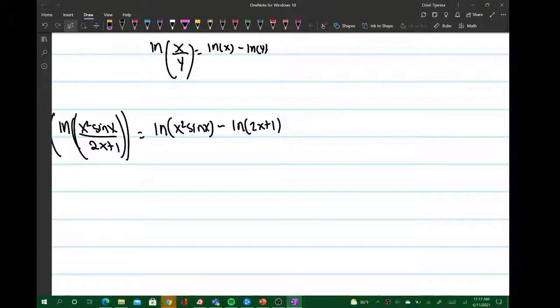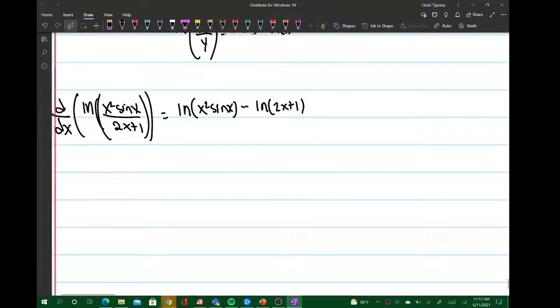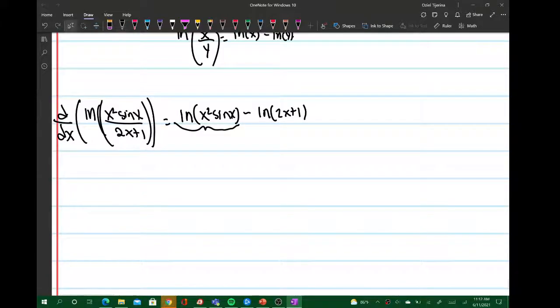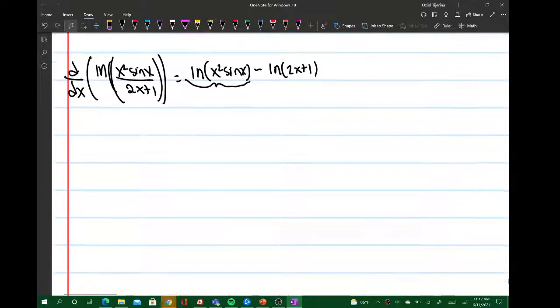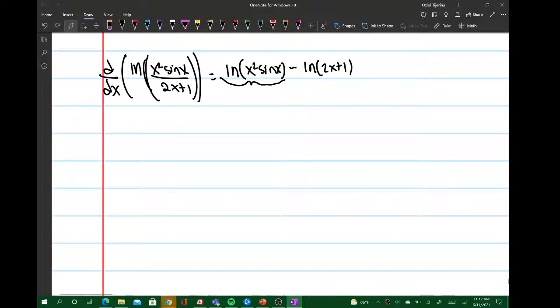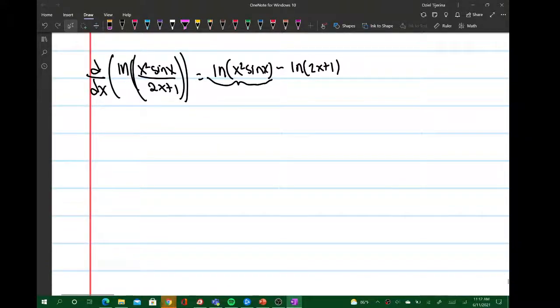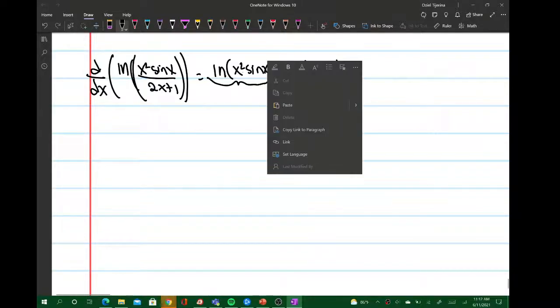Now if we look at this specific term, this expression, we want to split it up using the product rule, so AB.